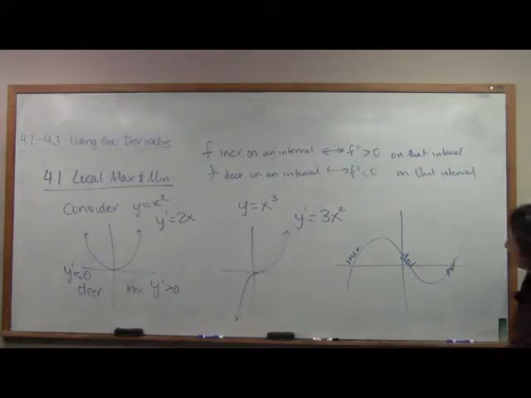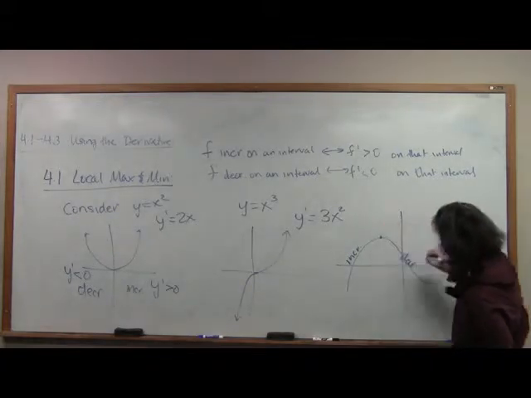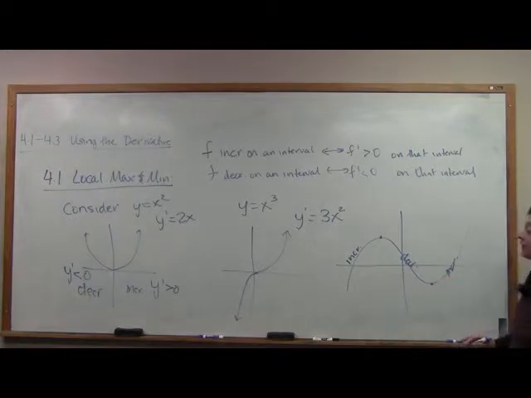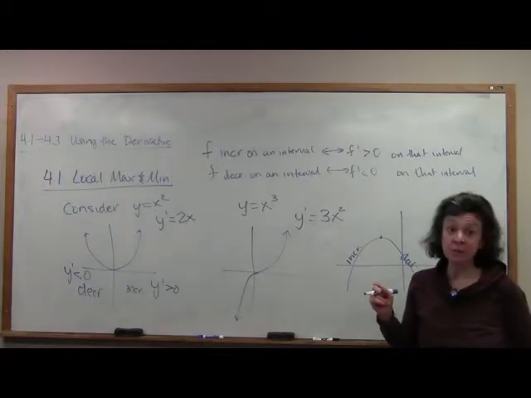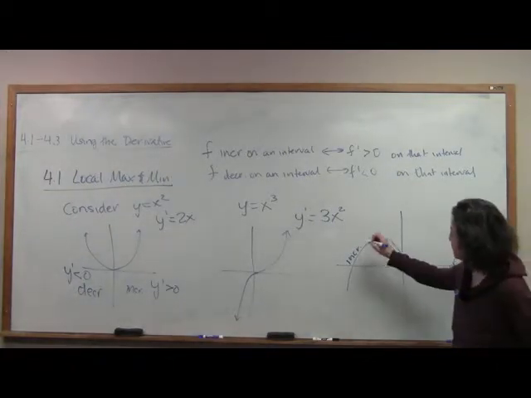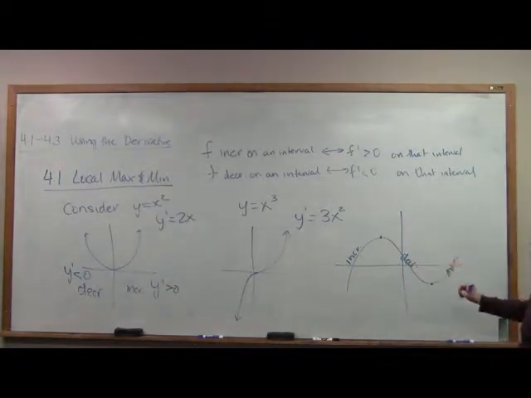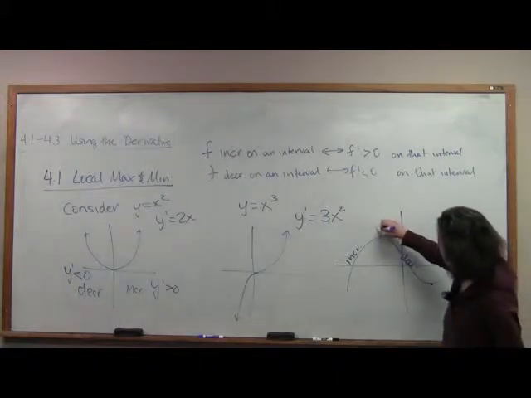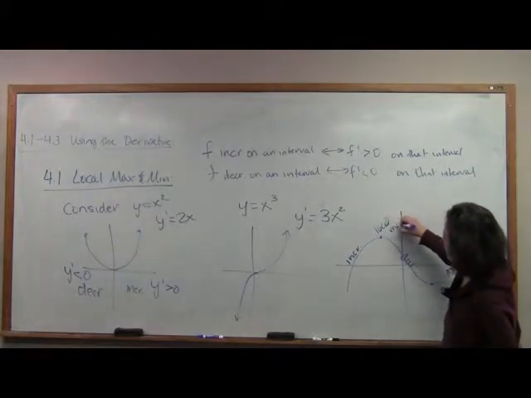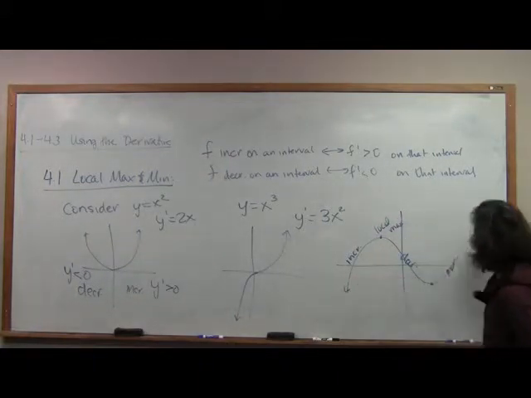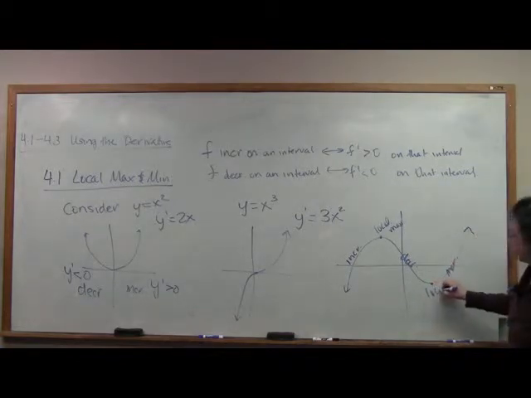I claim that these points, which we already know are where our derivative is equal to 0, are where it's changing from increasing to decreasing or decreasing to increasing. I'm going to call this one a local maximum, and I'm going to call this point a local minimum.